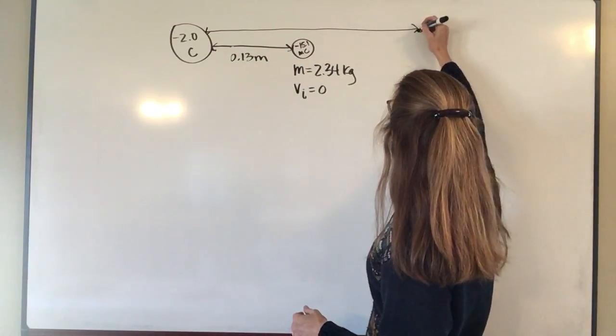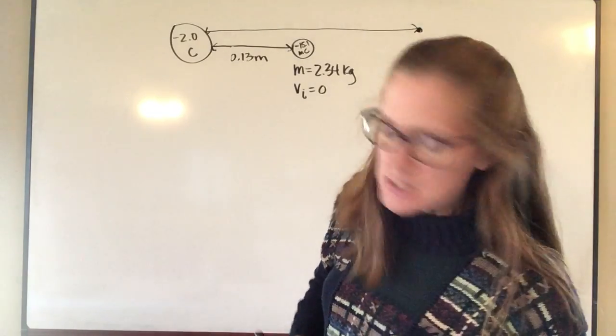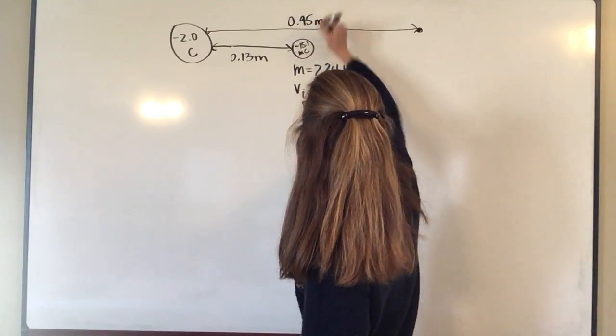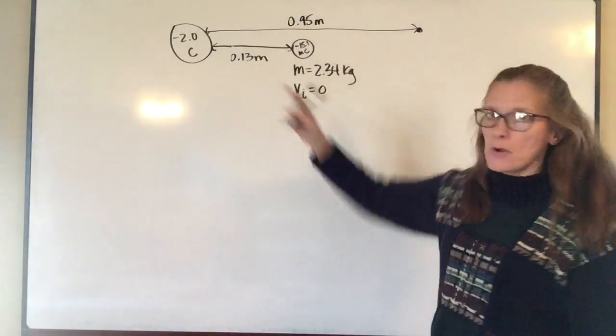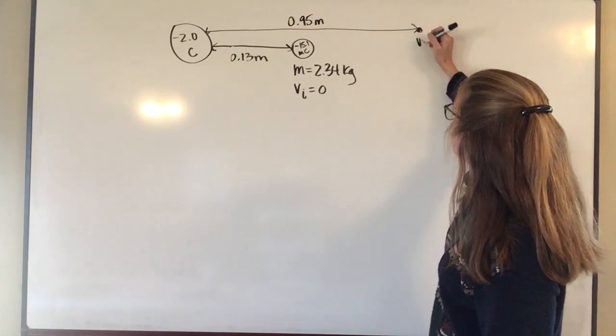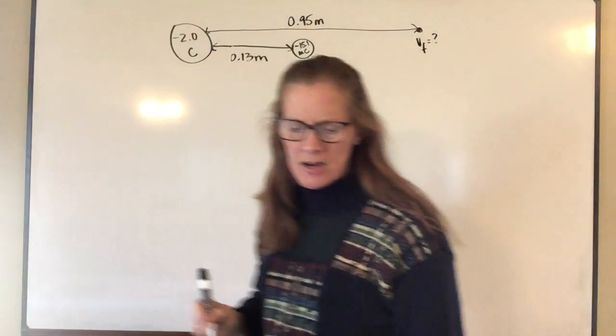It's going to end up at a spot over here, and it wants to know how fast it's going when it's 95 centimeters or 0.95 meters away from this charge. So when it gets out here, what is its final velocity going to be?